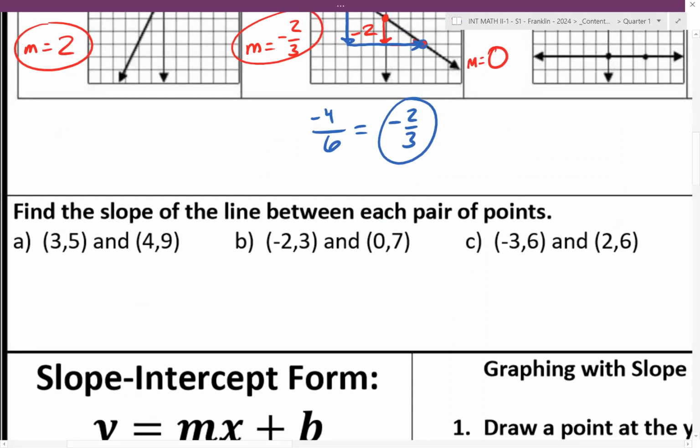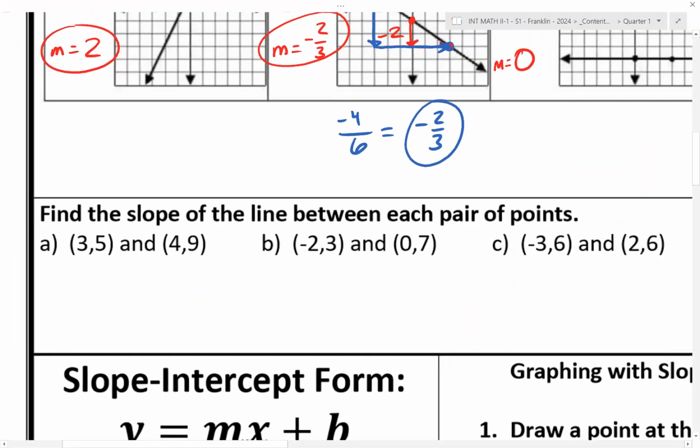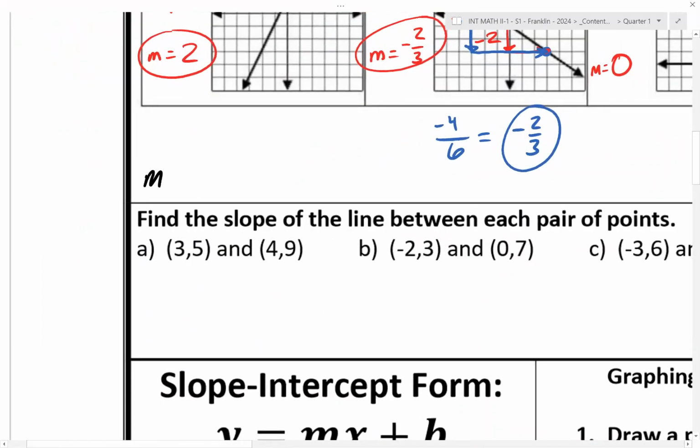To find between a pair of points, we need to use the formula, which was given to us above. It's the difference in y values over the difference in x values between 2 points.